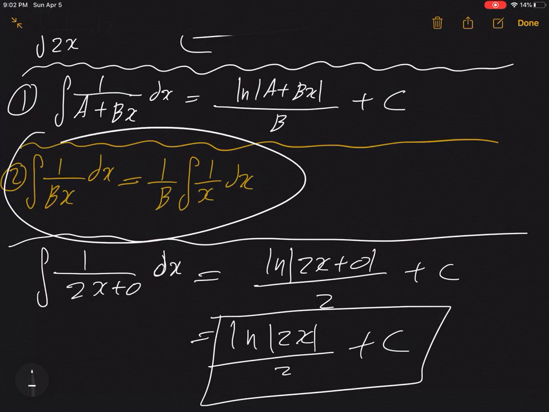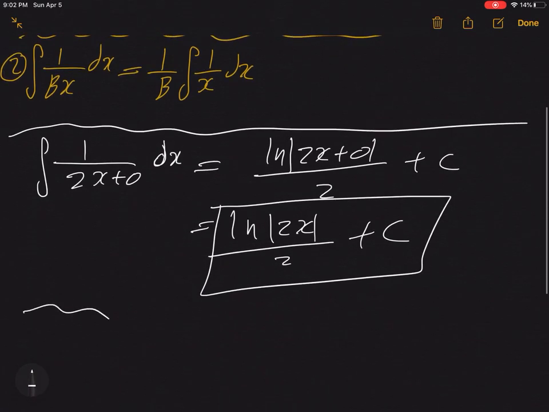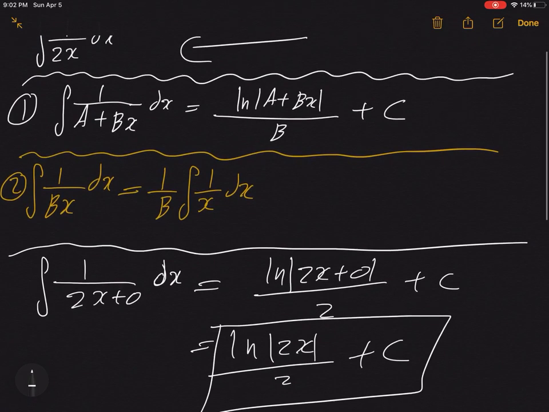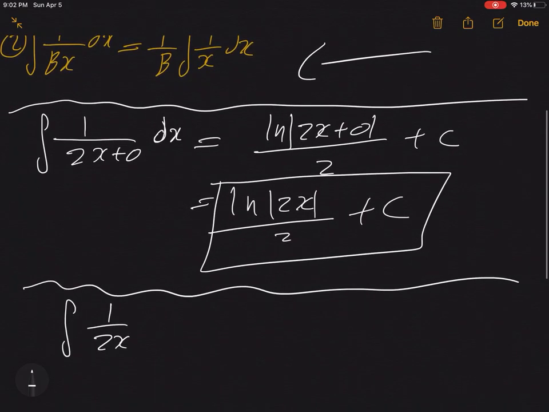That is this rule here. Okay, let's write the integral again. We want to integrate 1 over 2x. But depending on that rule, we may take 1 over b out. And 1 over b in this case is just 1 over 2. So we may write this as 1 over 2 times the integral of 1 over x dx.